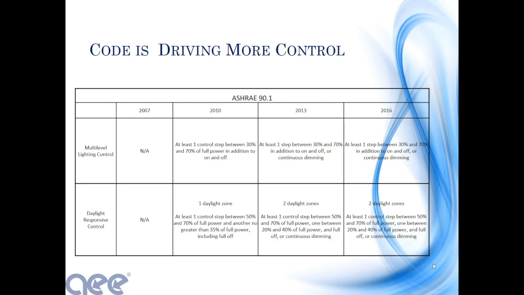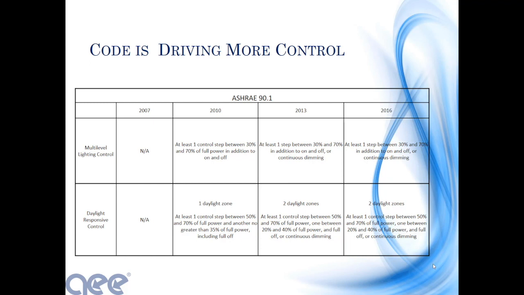So taking a look back at 2007, ASHRAE 90.1 2007, there wasn't any reference to a requirement for multi-level control or for daylight responsive control. Daylight responsive control being you have a window over there, you have sunlight coming in, so instead of just blasting your light trying to overpower the sun, reduce your light, allow the levels to be where they should be, and at that reduction you get energy savings.